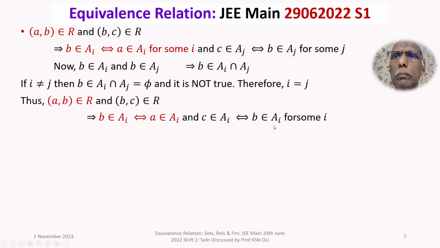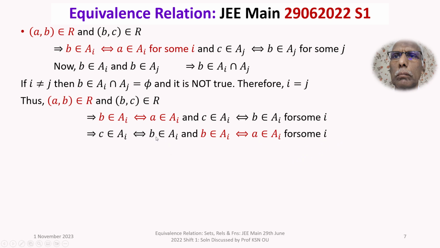Same I we should get; I is equal to J, what we have proved. Therefore, for some I. Now read: C belongs to AI implies and implied by B belongs to AI. So the second statement we have written first. And the first statement, B belongs to AI if and only if A belongs to AI, for some I.